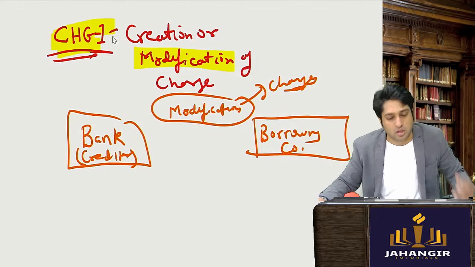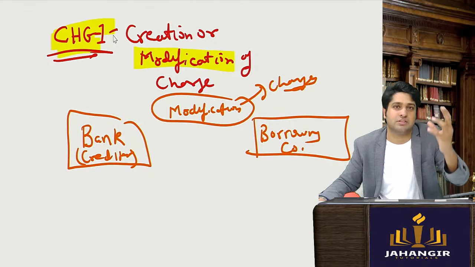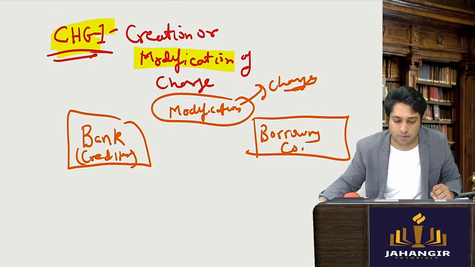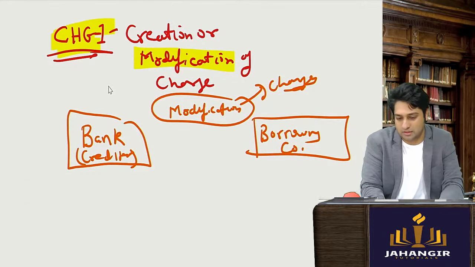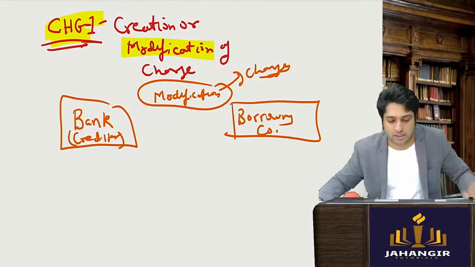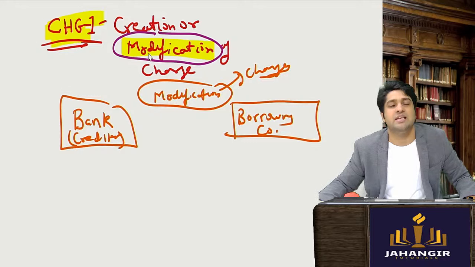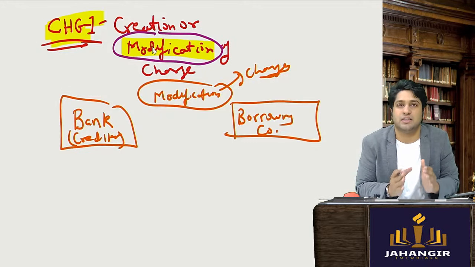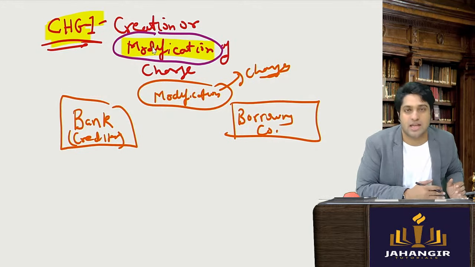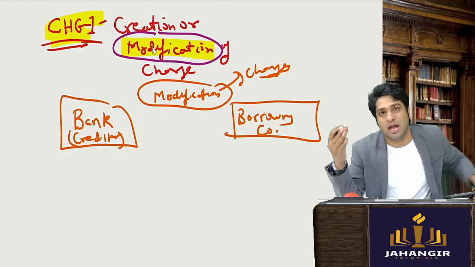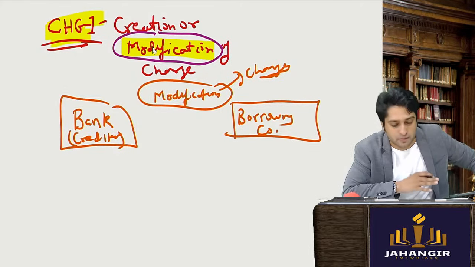So let me give you an example where they've given us property subject to a charge, acquiring a property. Let's understand the nature of modification. Now understand what I'm saying. What happens nowadays, there is something called asset reconstruction companies, ARCs. And in India, the biggest ARC is ARCIL, Asset Reconstruction India Limited.